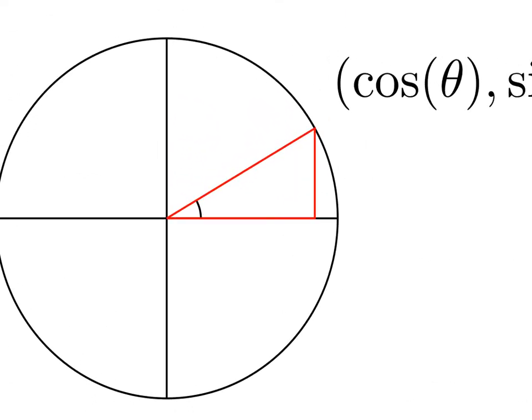So it looks like the base of this triangle, this length, is exactly equal to cosine of theta. The height of that triangle is exactly the same as the sine of theta. And maybe I'll decorate these, this one with a single dash, this one with a double dash.